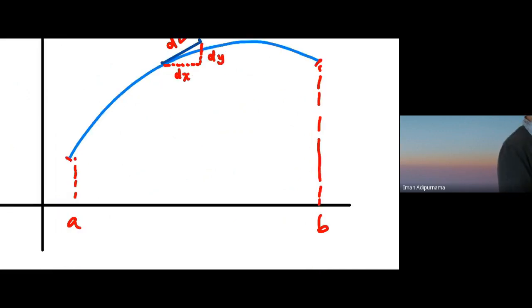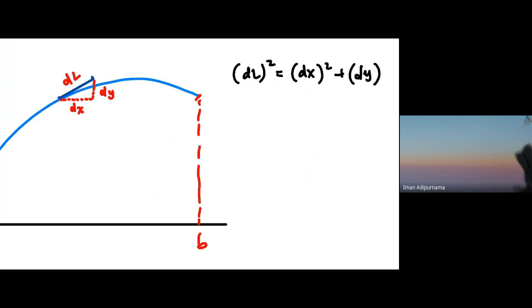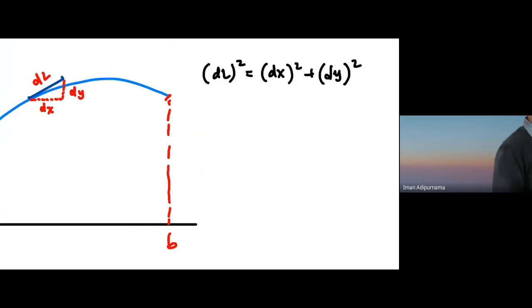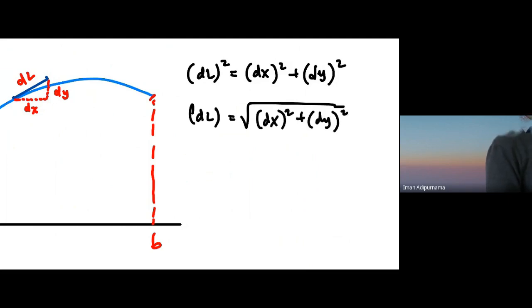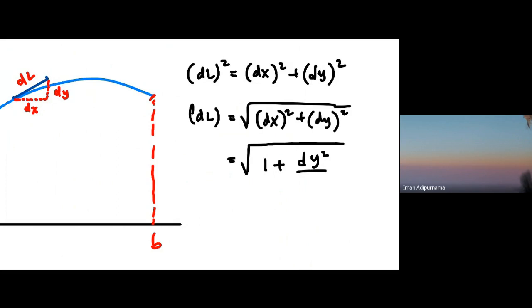So basically, from the hypotenuse, we know that dl is the square root of dx squared plus dy squared.